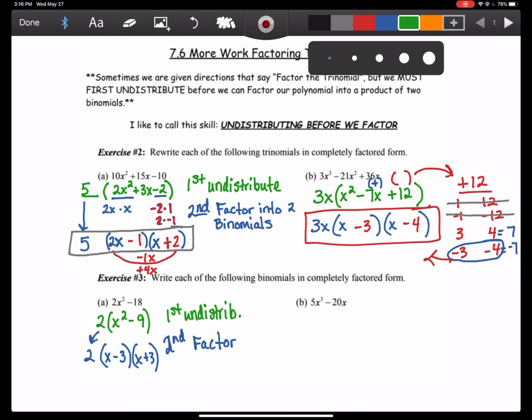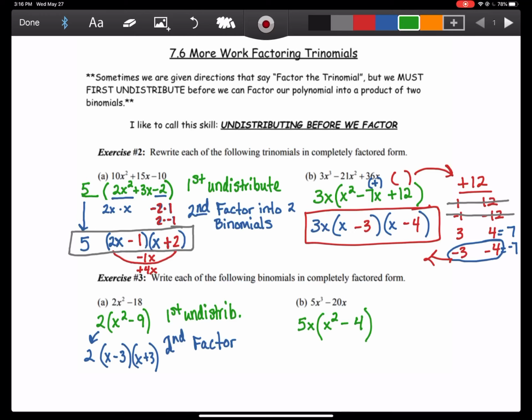Okay, next one. Factor out what each term has in common. Not just a number this time, but a 5 and an x, which is great because now we have x squared minus. Now what's left on the -20x? That would be -4. Now again we have the difference of two perfect squares.